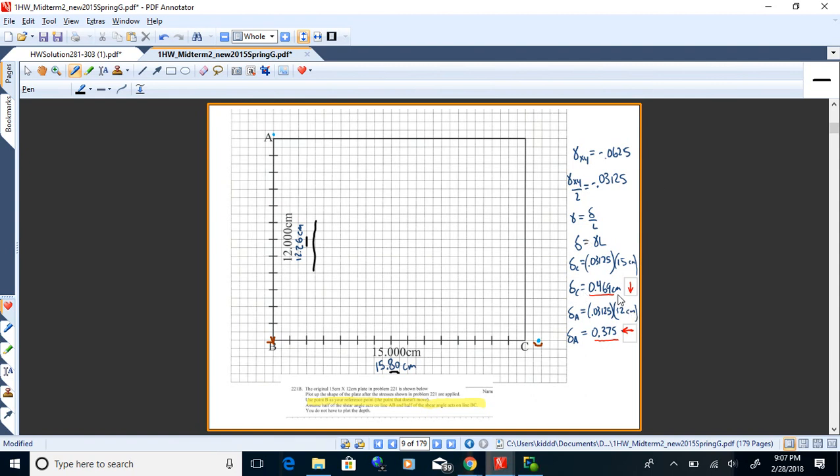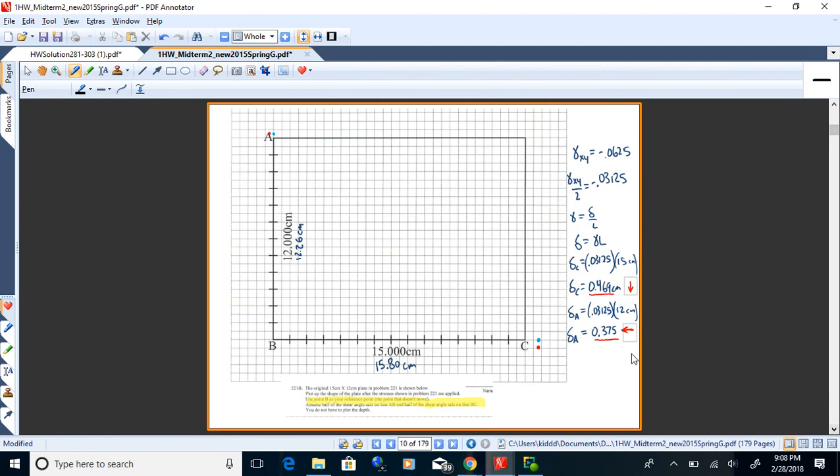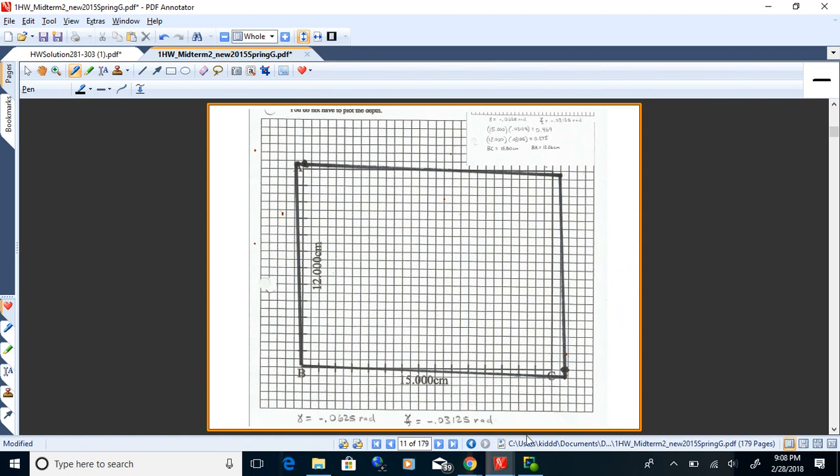But then I also need to represent this shearing strain on both lines. So I'm going to take C and I'll move it down by 0.469, which would be almost a full box, because a full box is half a centimeter. A will move over 0.375, with a full box being 0.5. That's going to put it right about there. So what I've done now, with B being constant, is I've shown the final positions of A and C. To draw the final shape of that box, I'll take B and connect it to A and C. Okay.